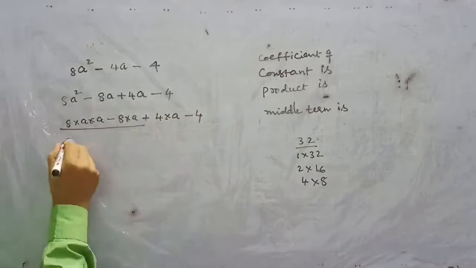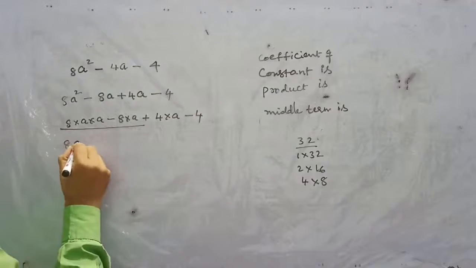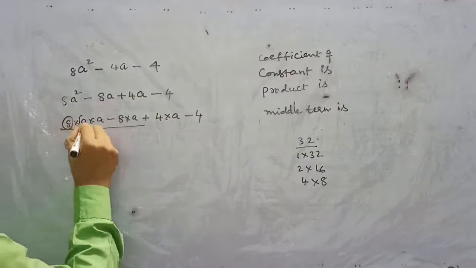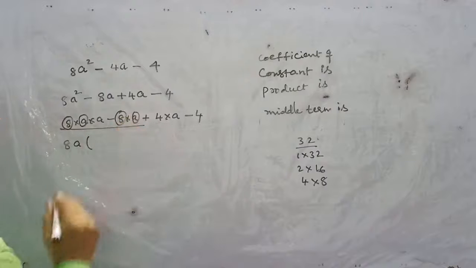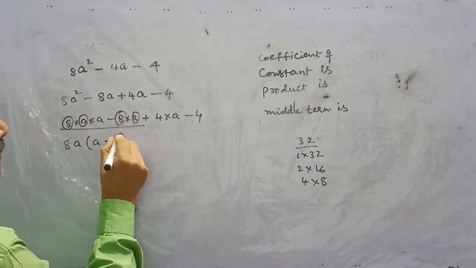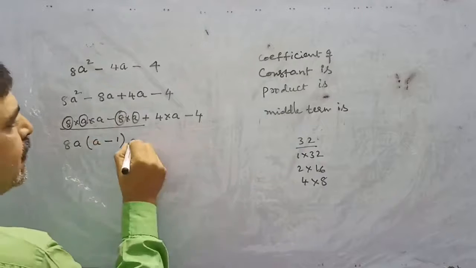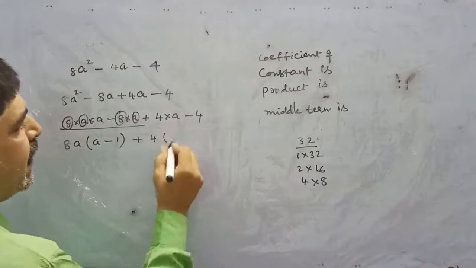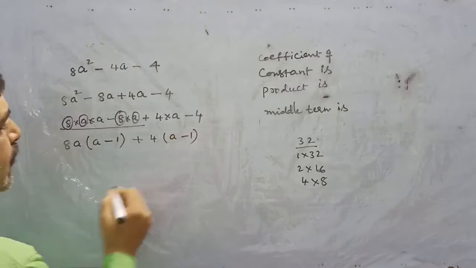From the first half, 8a is the common factor because 8 and a are here, 8 and a here. Okay, so 8a is the common factor. Remainder is a minus 1. Next, plus 4 is the common factor, a minus 1.